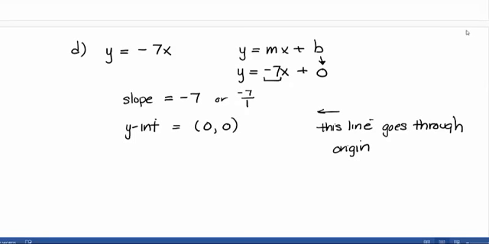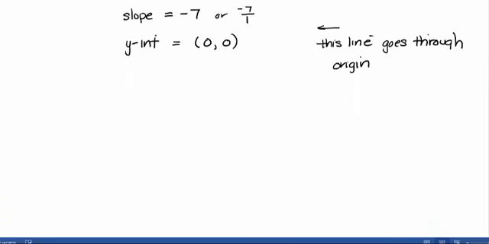Okay, so if you notice here, the equations we've been working with so far always had y equals something. It was already solved for y. But that's not always the case. Sometimes I might be given the equation in standard form. So given 2x minus 6y equals negative 3, this is in standard form.